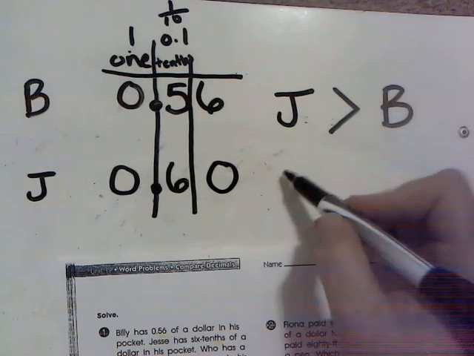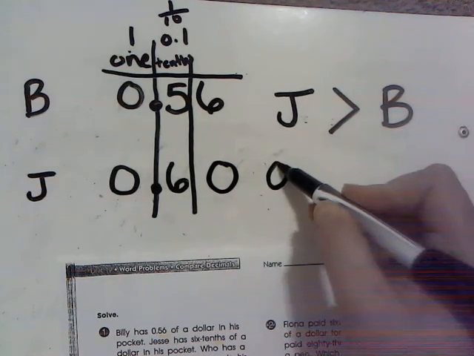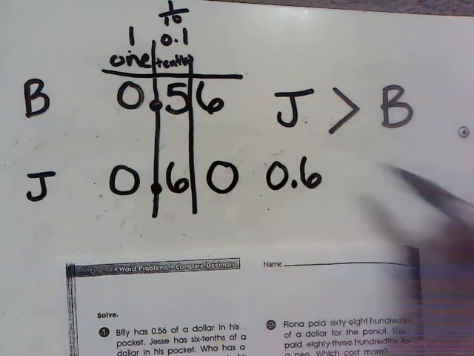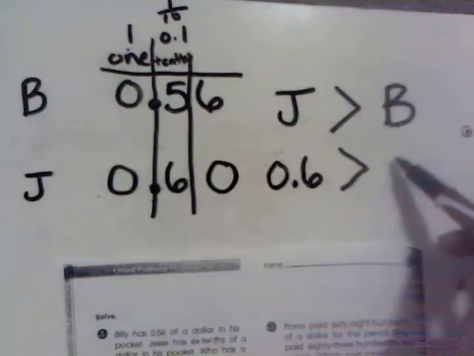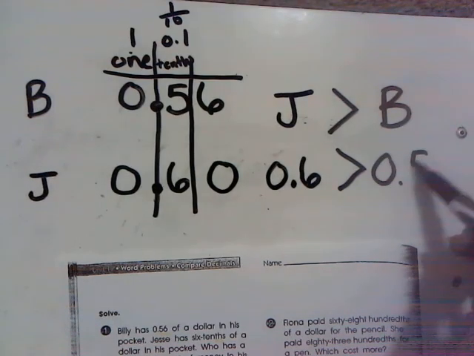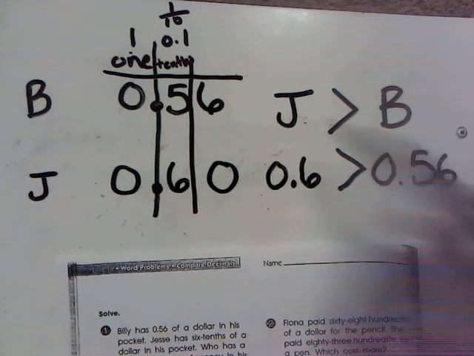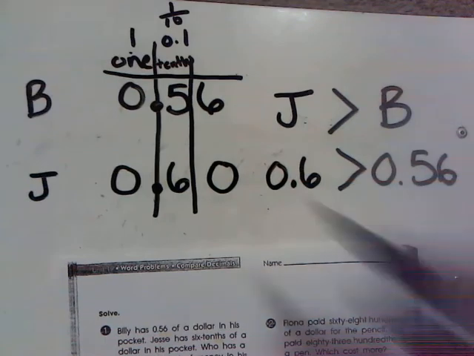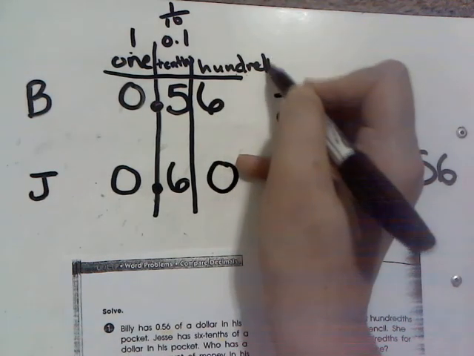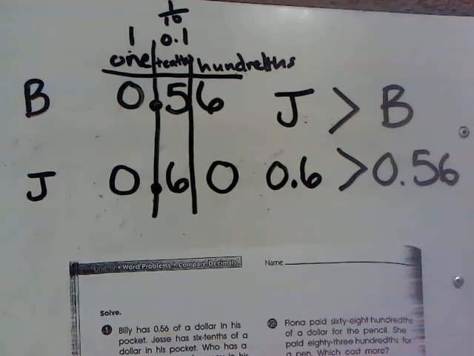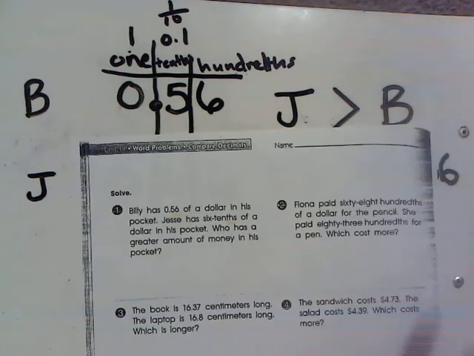I can show it in decimal form by saying Jesse's 6/10ths is greater than Billy's 56 hundredths. Okay, so that was number 1.